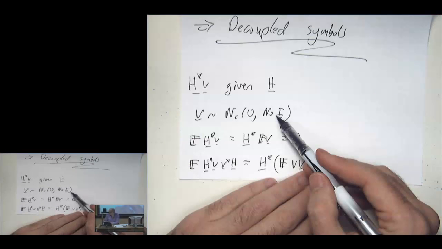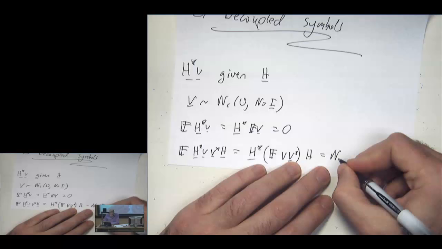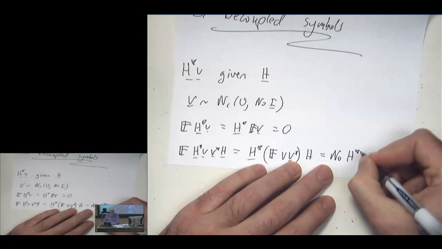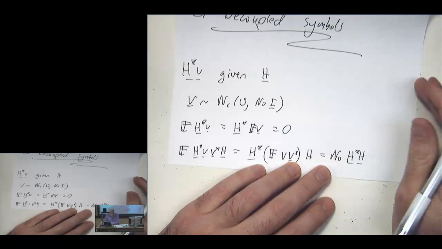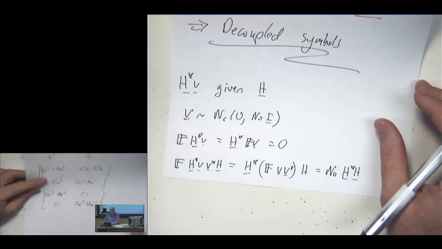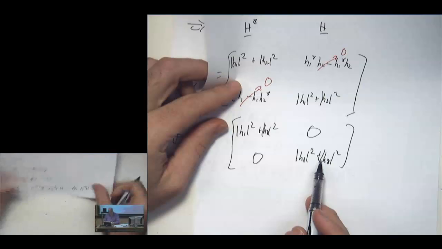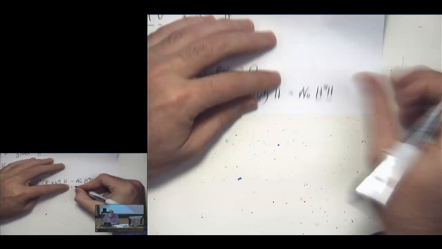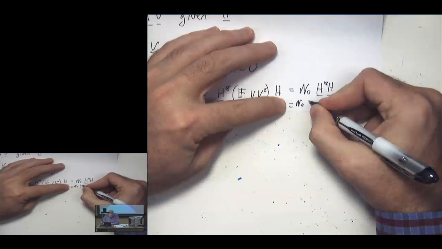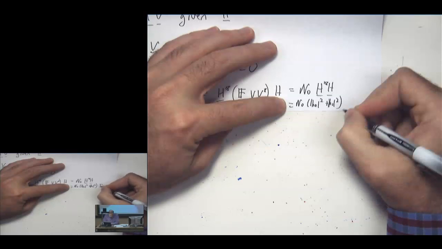Remember, this is identity, N naught. This is going to be N naught times h star h here. But remember that h star h is equal to this right here. So this is actually equal to N naught times magnitude squared of h0 plus magnitude squared of h1 times an identity here.